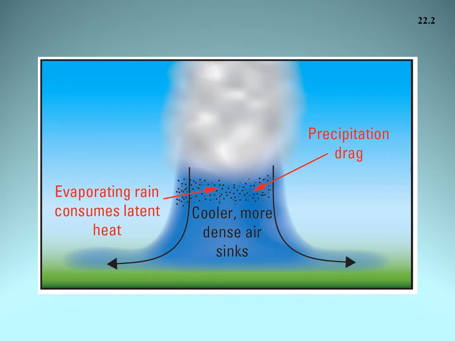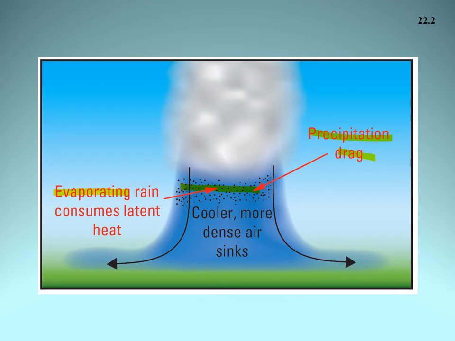One of the ways we can get these intense downbursts is we can get a lot of precipitation here under the cloud that's evaporating. So if we go way back to a beginning lecture, evaporation is a cooling process and it consumes latent heat, so it makes the air colder, which is more dense. There's also this concept of precipitation drag, which can actually pull the air down even more.